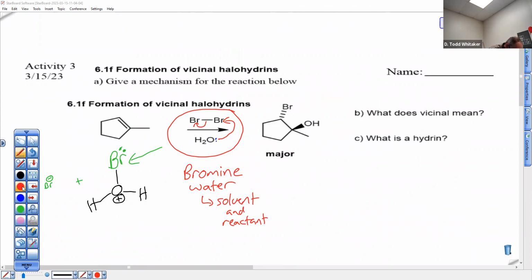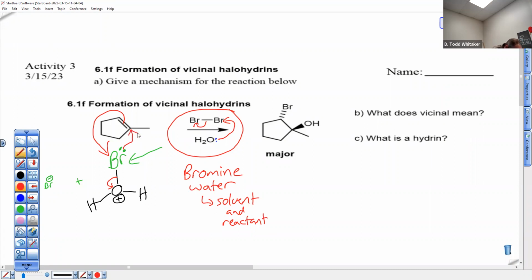So you attack the halogen, water gets kicked off, and the lone pair comes back to which carbon? The more substituted carbon. I'm just going to keep asking that question all day. There's going to be another instance of which carbon in this mechanism. Same answer.